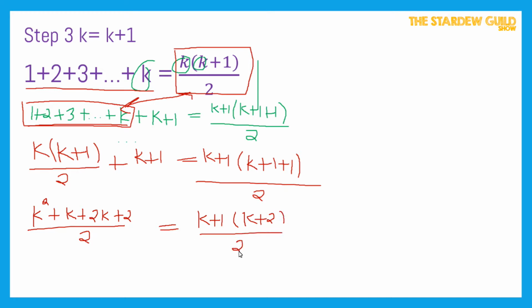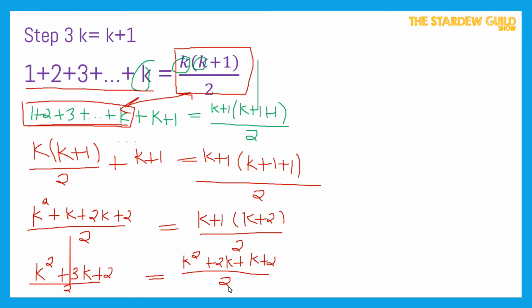Over 2. Then let's simplify more by combining like terms. So it will become k squared plus 3k plus 2 over 2. And on the other side here, it will become k squared plus 2k plus k plus 2 over 2.